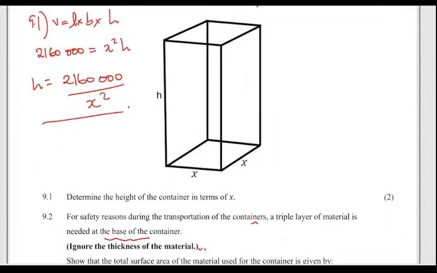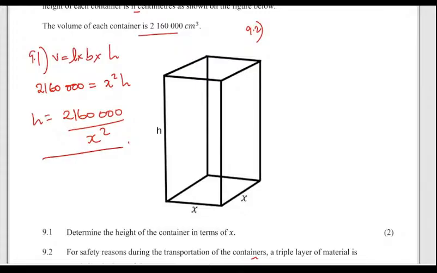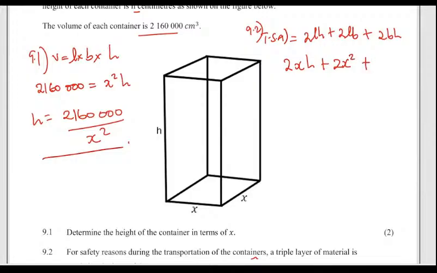So let's start by determining the total surface area of a rectangular prism, meaning that we have 2LH, 2LB, and then twice BH. So it's going to be twice x with h, plus twice x and x, which is x squared, and then plus twice the x and h.